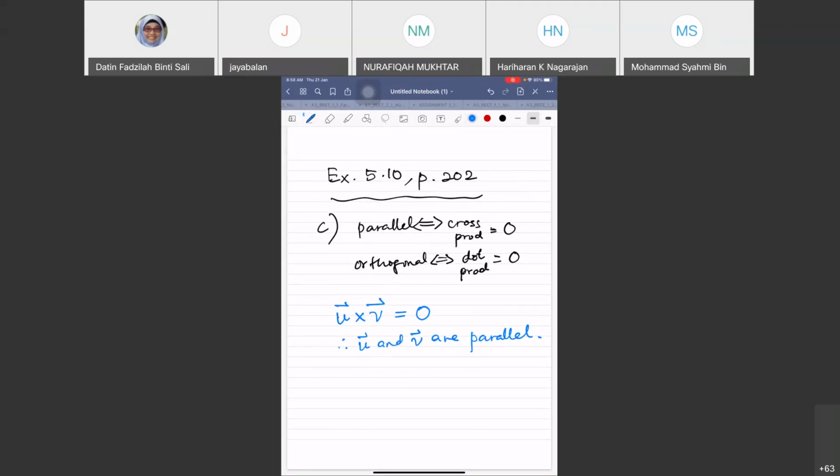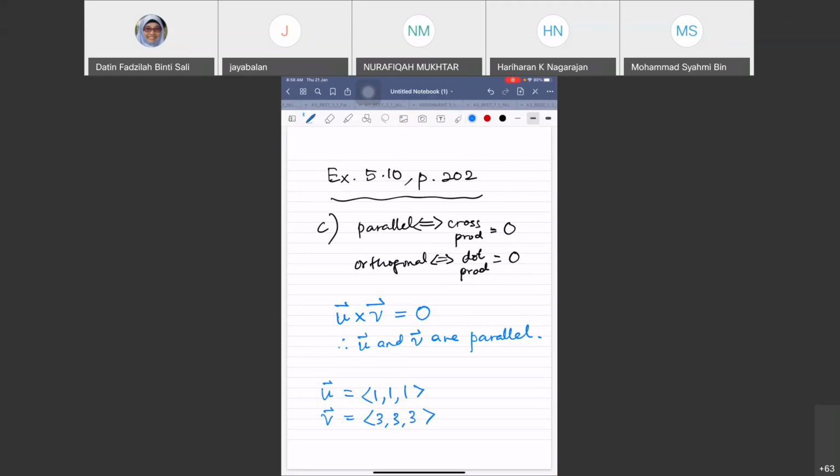In fact, for C, if I look at the vectors itself, one vector is 1, 1, 1. Another vector is 3, 3, 3. If you understand vectors, they are actually parallel, because 1, 1, 1 and 3, 3, 3 are multiples of each other, a scalar multiple.